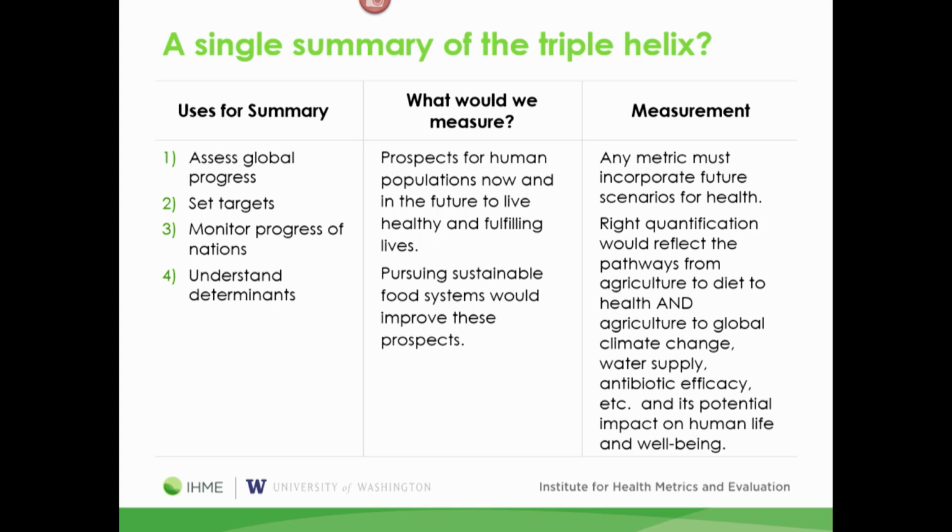So I believe on the metrics front, we have a lot of knowledge, imperfect, but can be improved, about the strength of the link between diet, working through composition and through obesity on health. We have some understanding of how different food production around the world and what is its contribution to, or lack of contribution to, sustainability. And the agenda here is to bring all these three areas together in some coherent way.